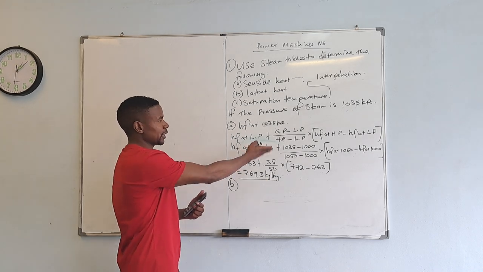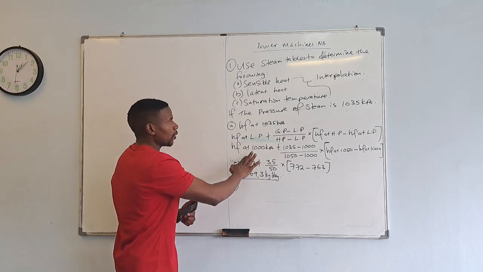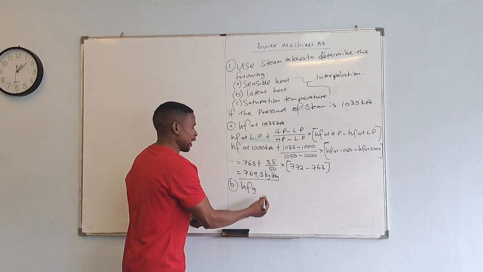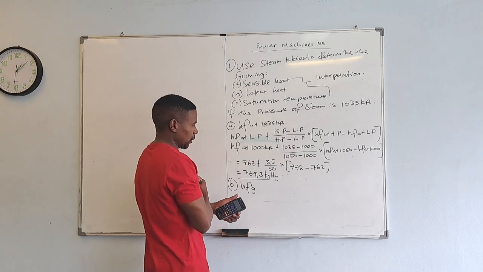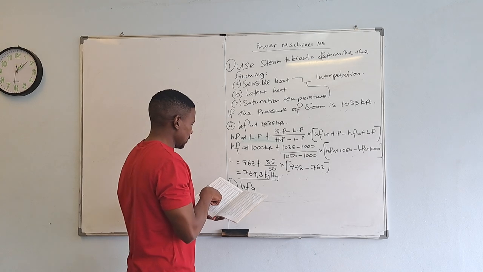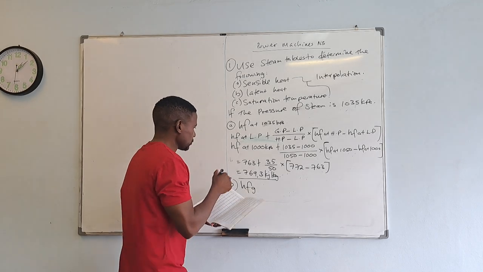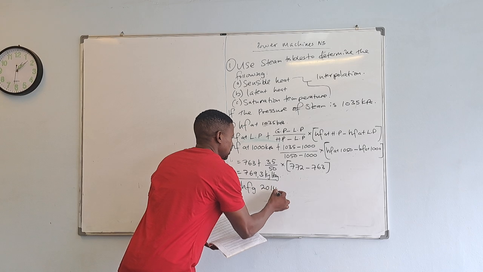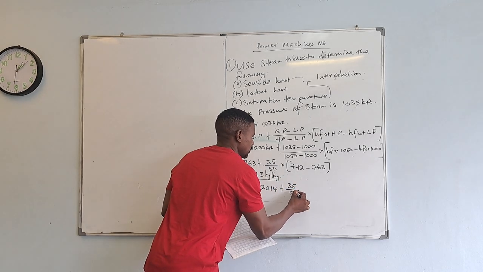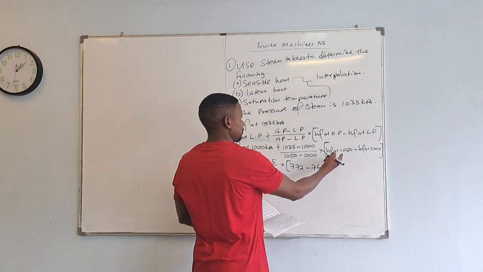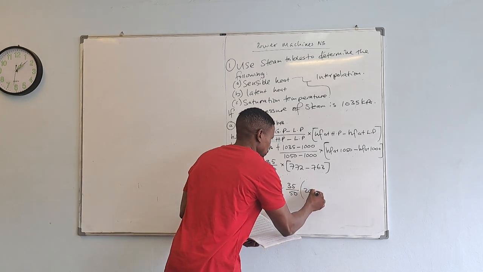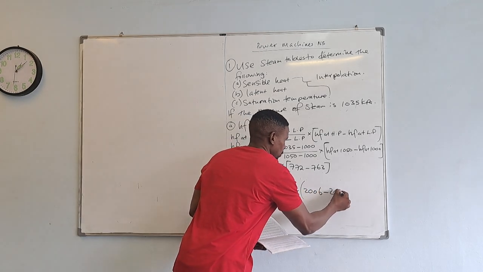There's no need for you to rewrite the same thing here, because we already know which variables we are going to be interpolating between. So we just need to go to HFG at 1000. If you go to HFG at 1000 kilopascal, here I'm getting 2014 plus, here it doesn't change, it becomes 35 divided by 50. And then we need our HFG at 1050, which I'm getting here is 2006 minus 2014.